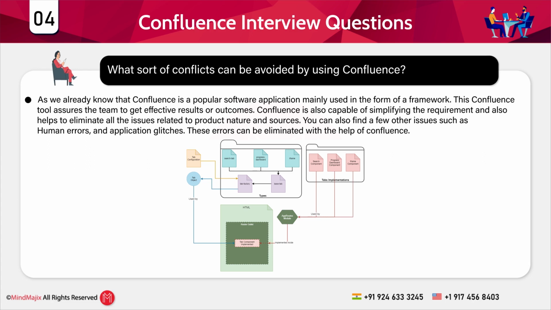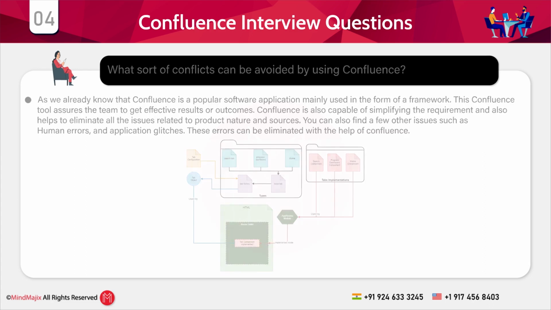But here we have templates, and in templates we just need to fill in the information. We don't need to create anything. So this template functionality in Confluence gives us a lot of advantages over traditional methods. By doing this, we can avoid the conflicts we have in the traditional methods.